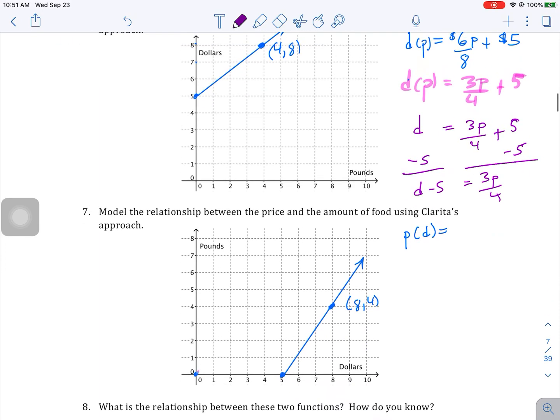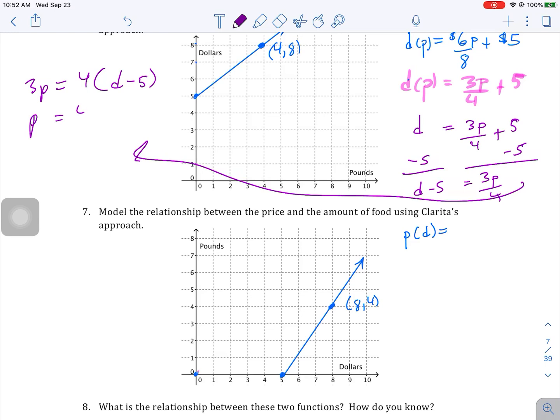So then I'm going to say 3p is equal to 4 times d minus 5. And so p is equal to 4/3 times d minus 5. So p of d is 4/3 times d minus 5.